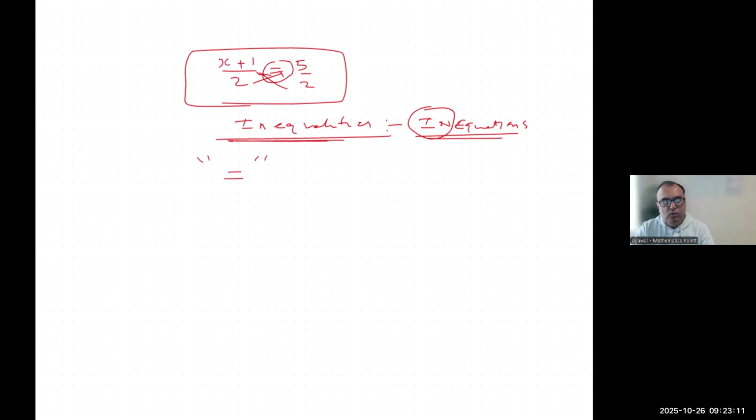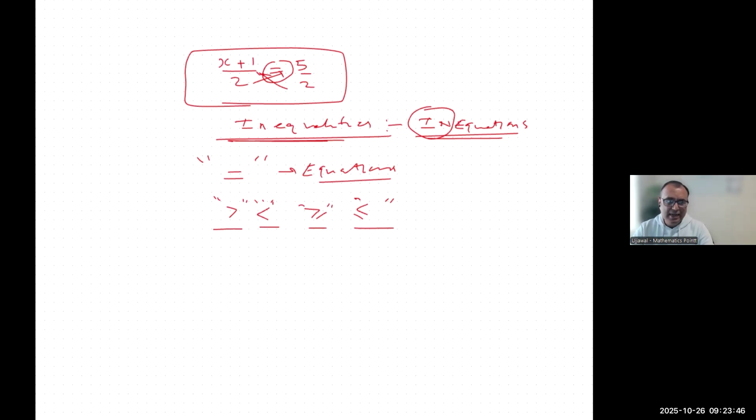So when you have an equal to sign on both the sides of your linear expressions, it becomes linear equations. But when you have signs like greater than, less than, greater than or equal to, and less than or equal to, these 4 signs, the equations become inequations or inequalities.